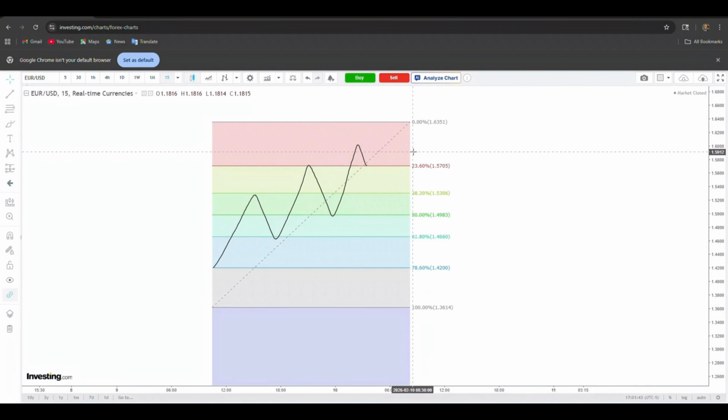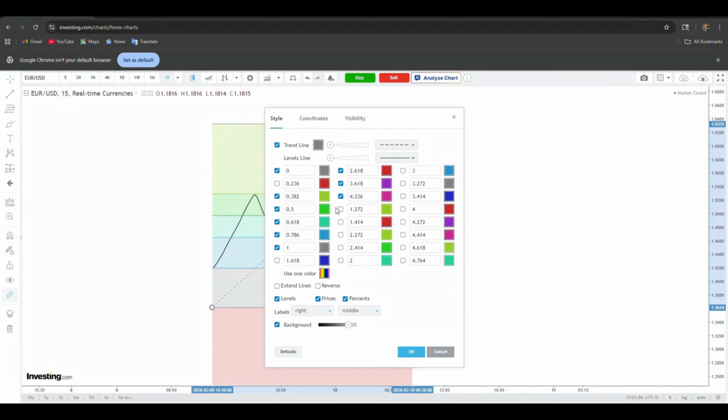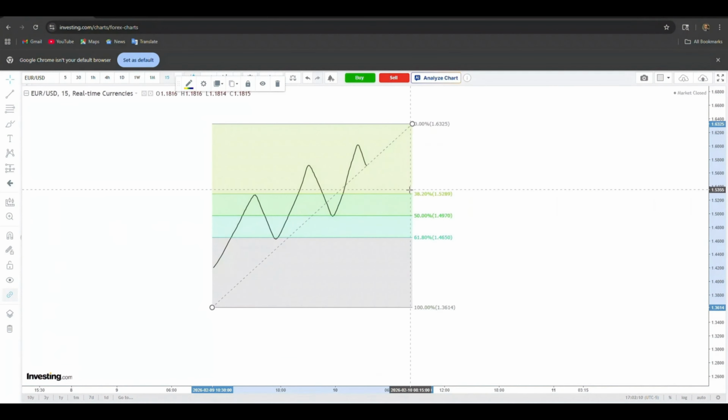So what I normally like to do is, whenever I apply my tool to the chart, the levels that I don't focus on, I remove them from the tool and I only keep the levels that I focus on, because I know when price gets to those levels, that's where I would be looking to take my entries.